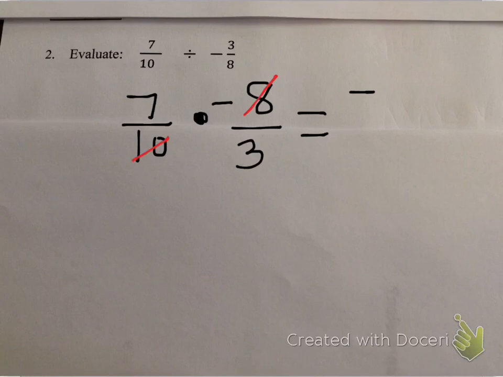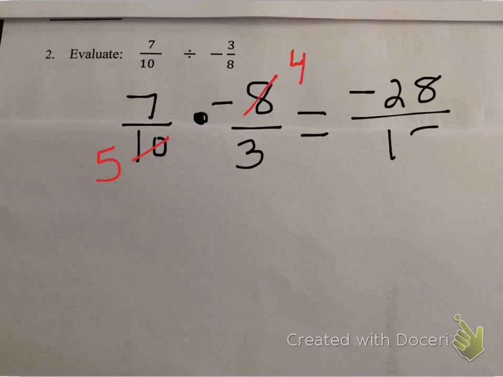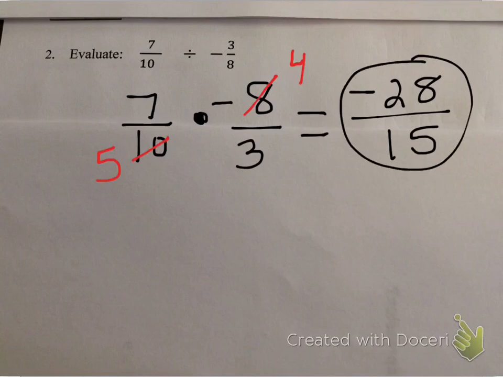8 divided by 2 is 4. 10 divided by 2 is 5. And now I could multiply across. 7 times 4 is 28, and 5 times 3 is 15. And that is simplified. If you could simplify it more, you would, but I can't.